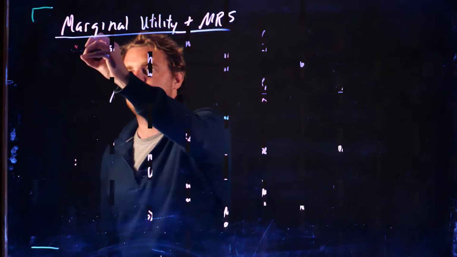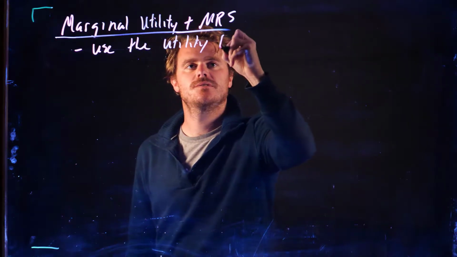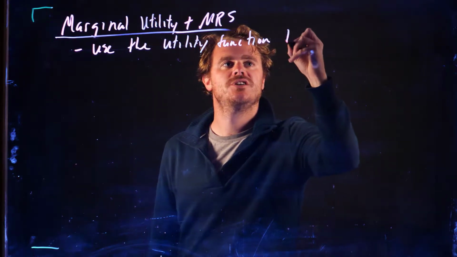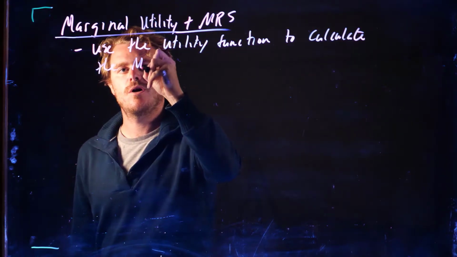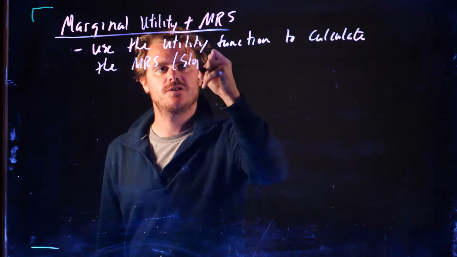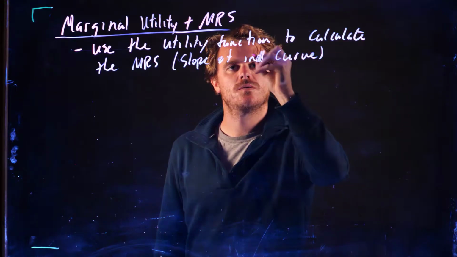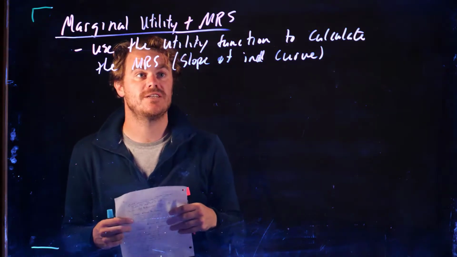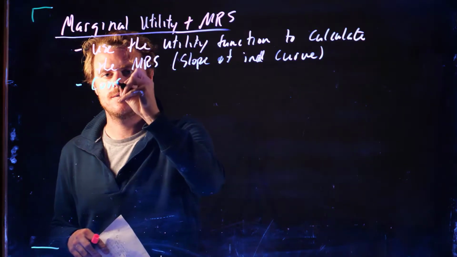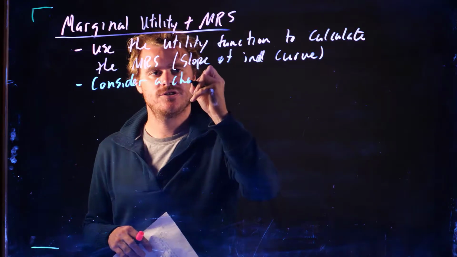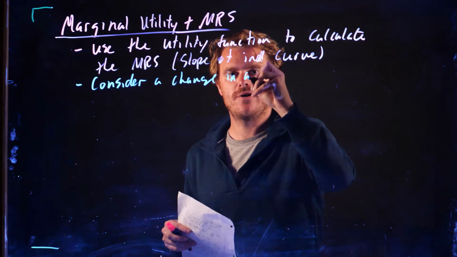So what we can do is use the utility function to calculate the marginal rate of substitution, which, remember, is the slope of the indifference curve. The marginal utility is useful for that. So consider a change in the amount of each good.